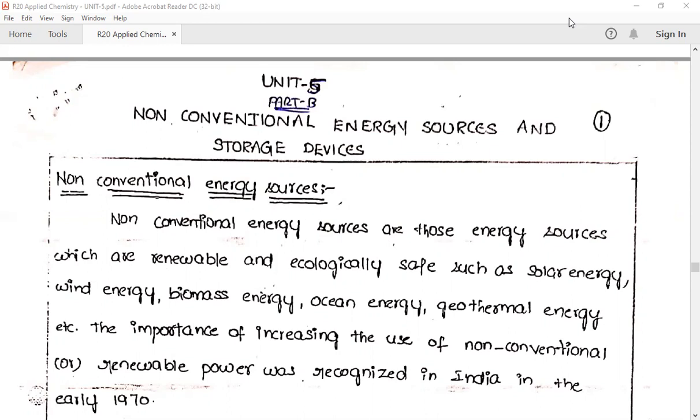All these sources are renewable, so they can be used again and again and cannot be completely exhausted.